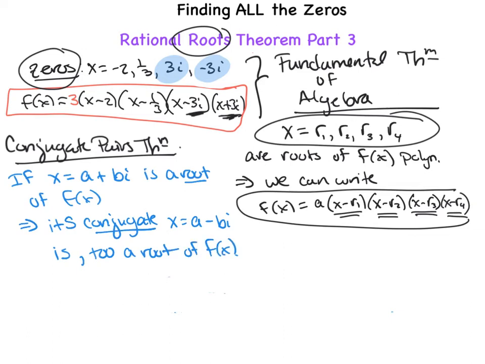So if you know one imaginary or complex number is a root, you automatically know a second root. You know its conjugate is also a root. Let's do an example where we use that conjugate pairs theorem.